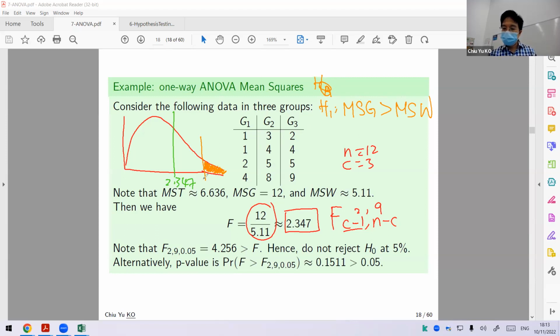So you can look at the critical value. This is 5%, so you can use F.INV with 0.95, 2 and 9, and that is how you get the number.